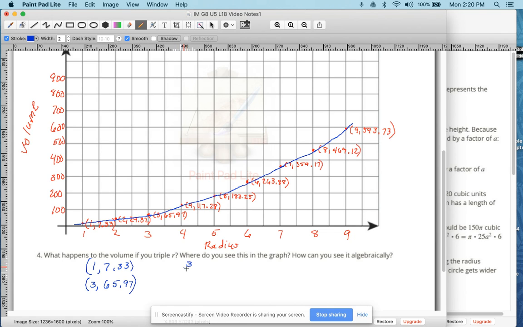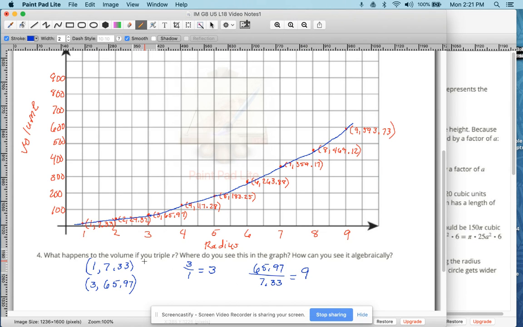So I've got 3 divided by 1 equals 3. So our radius, when it tripled, increased 3 times. Well, let's see what happens when I do 65.97 divided by 7.33. And if you do this on your calculators, you're going to get 9.